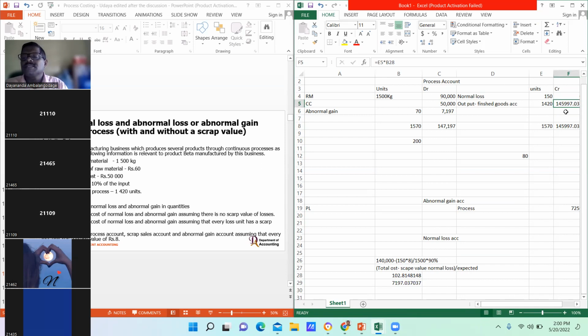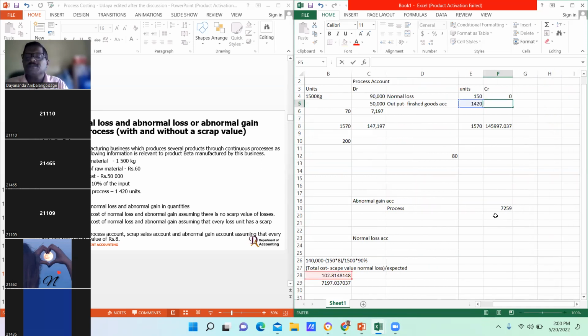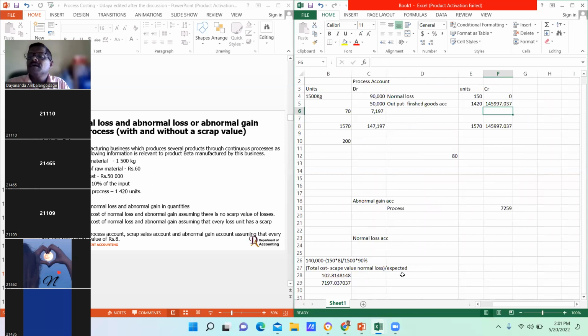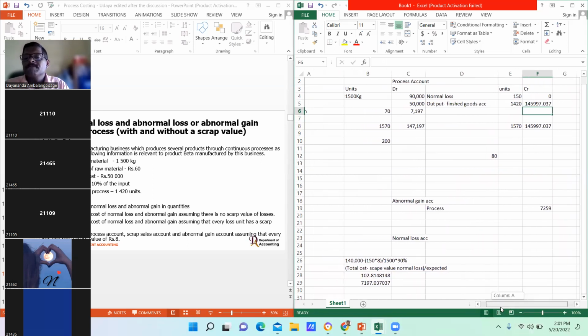What happened here is I'm just showing you, I don't know whether you can understand what I'm doing, right? 1,420, okay, multiplied by unit cost of this, which is this amount, right?